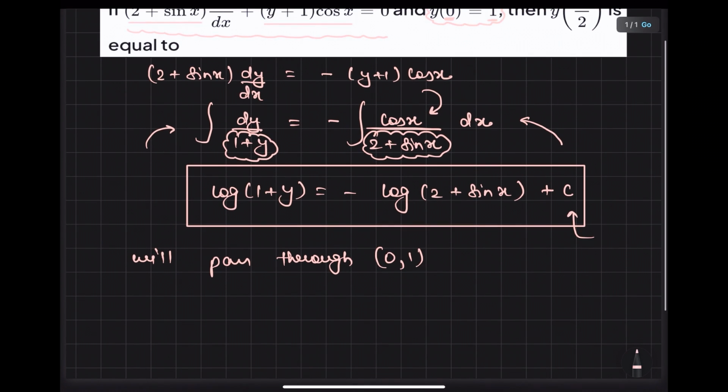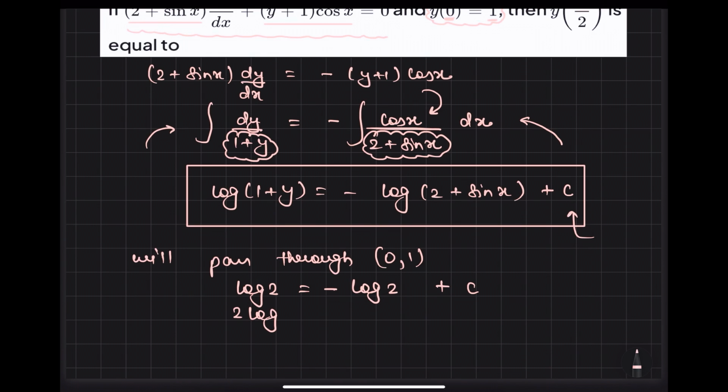So let's substitute: in place of x, put 0, in place of y put 1. So we will have log 2 equal to minus log 2, as sin 0 is 0, plus c. So we got 2 times log 2 as c. So we got the integration constant as 2 log 2.